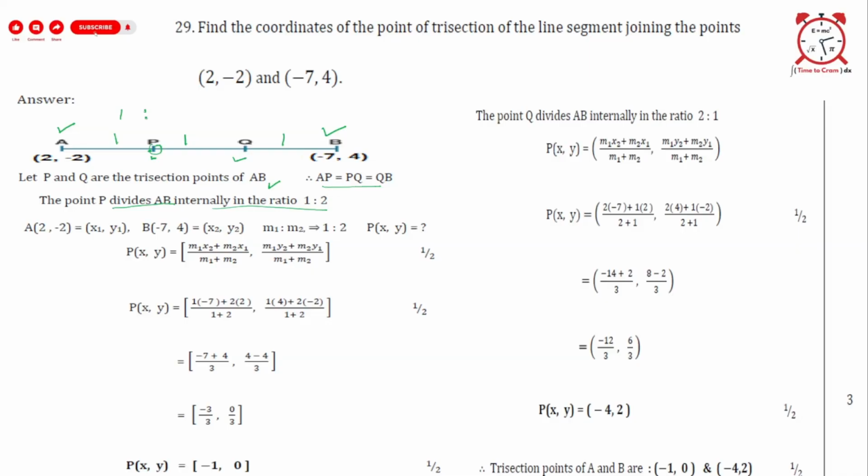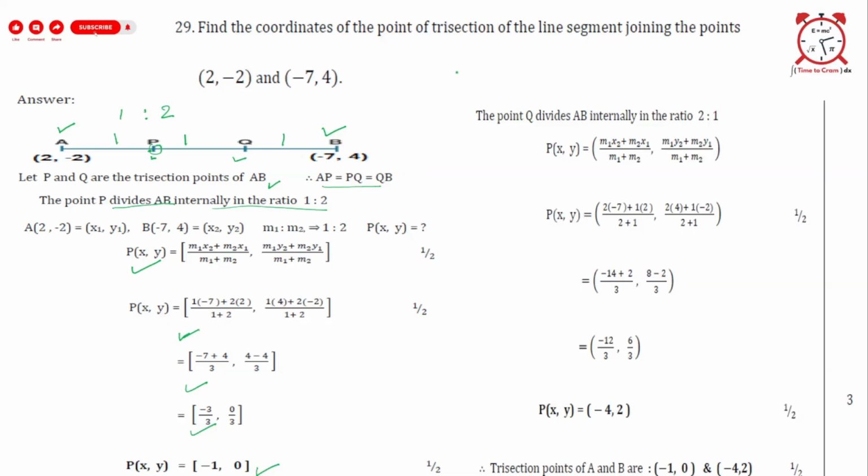By section formula, P(x, y) equals (m1x2 plus m2x1) divided by (m1 plus m2), (m1y2 plus m2y1) divided by (m1 plus m2), and keeping all the values we are getting the coordinates P(x, y) equal to (-1, 0).